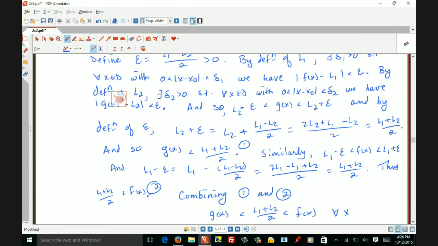We have to get our delta together. I forgot my delta. Let me put my delta in here. Let delta be the minimum of delta 1 and delta 2.